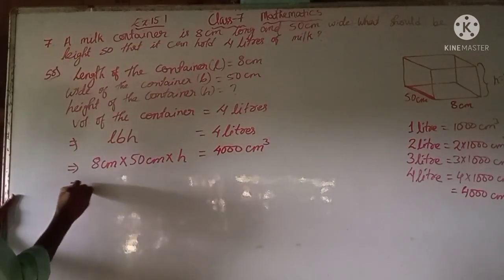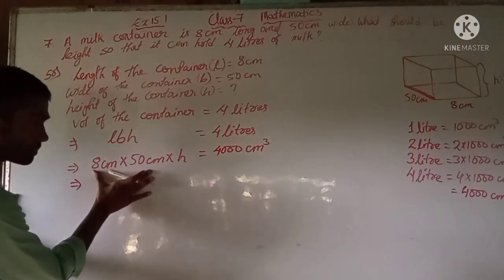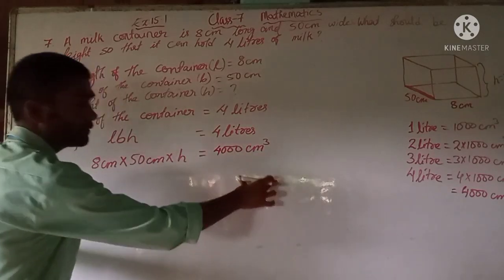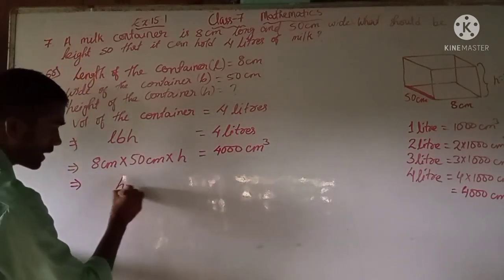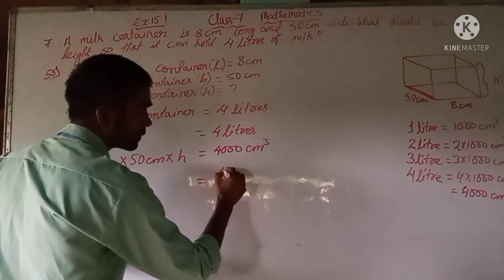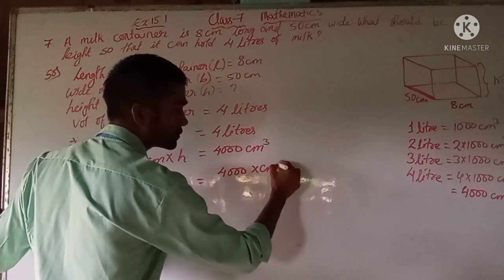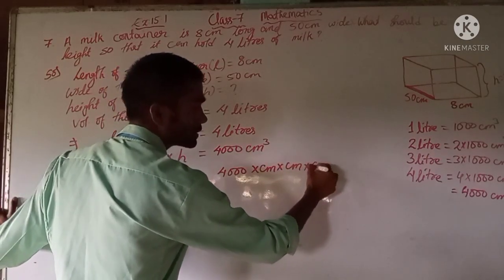Now here all the units are multiplied. If we are transferring to the other side, it will change into divide. So height is equal to 4000 into centimeter into centimeter into centimeter.